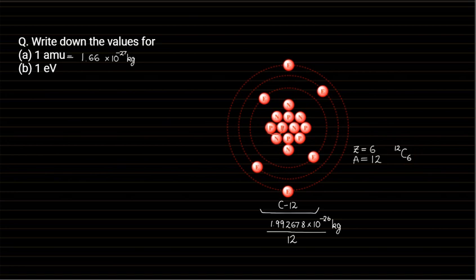I'm not saying it is exactly 1.66, but it is approximately 1.66 times 10 to the power minus 27. So 1 atomic mass unit is 1.66 times 10 to the power minus 27 kg. Fine. So this is your 1 AMU.